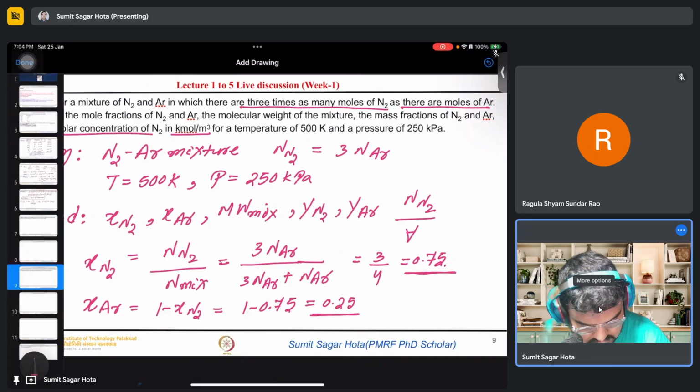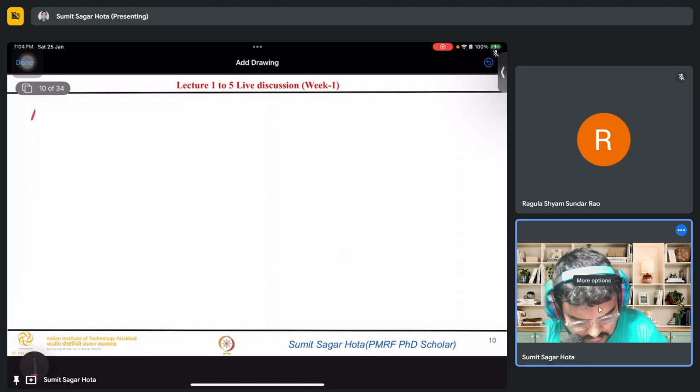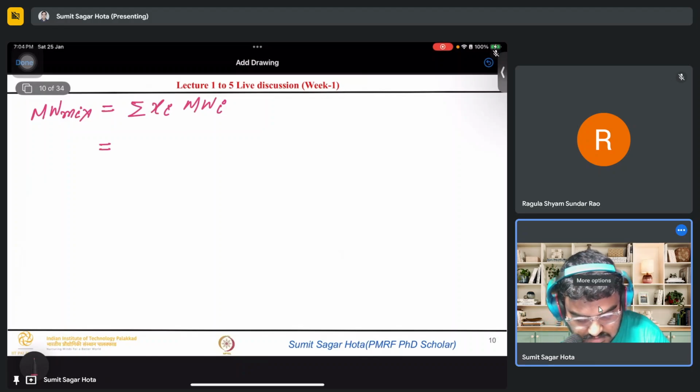The molecular weight of the mixture is equal to the summation of chi i into molecular weight of i. Now you know that the mole fraction of N2 is 0.75 and the mole fraction of argon is 0.25, and the molecular weight of each species we know.